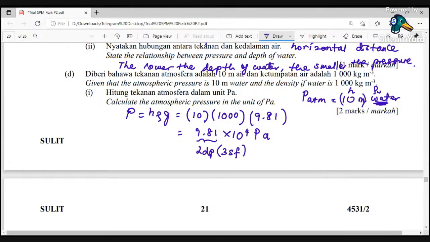So this is your answer. Correct unit, correct substitution, correct answer, and unit. So whatever liquid used, we apply the same formula to convert to Pascal. P equals to h rho g. Okay, gunakan formula yang sama.